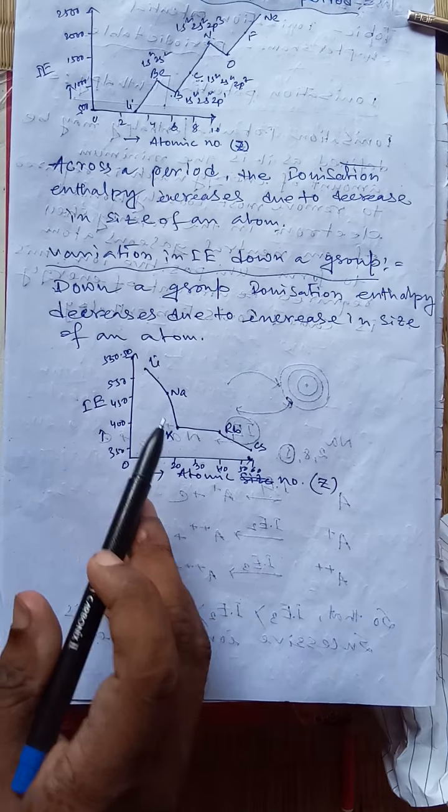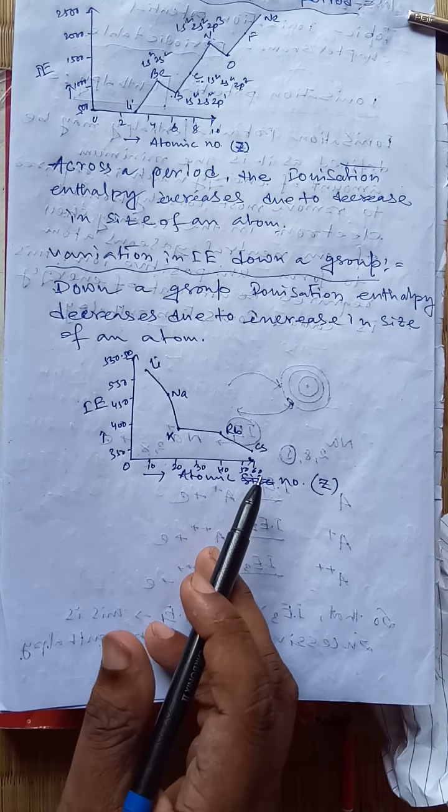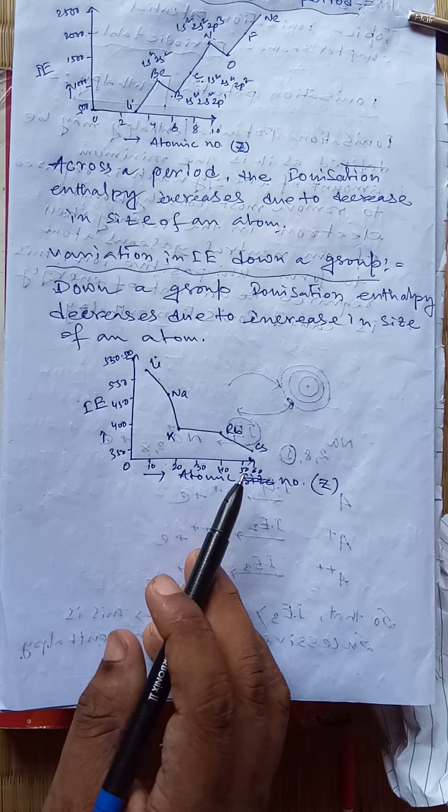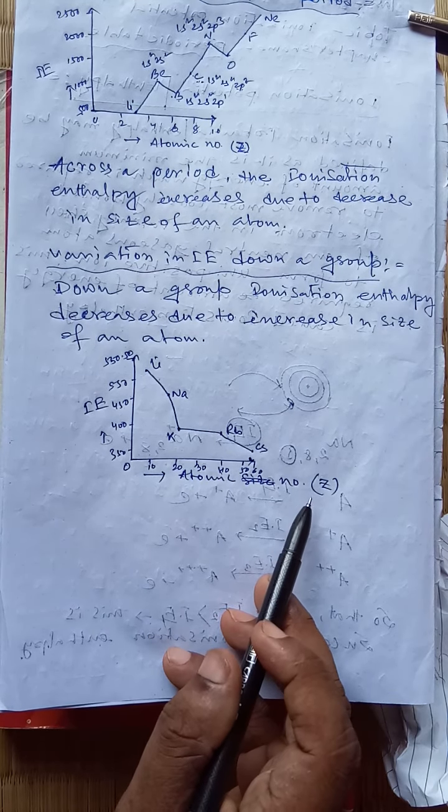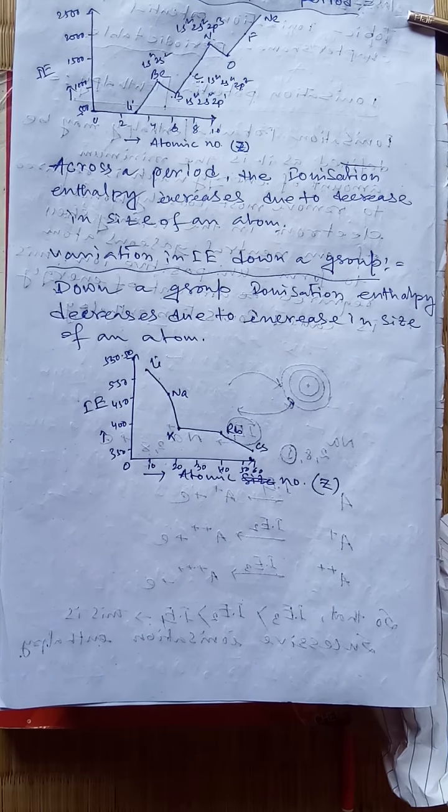So from lithium to cesium, the ionization enthalpy automatically decreases due to increase in size as well as increase in the atomic number. So that is the variation in ionization enthalpy down a group. Thank you very much. And the next topic is the ionization gain enthalpy.